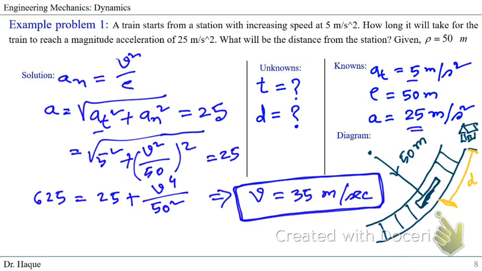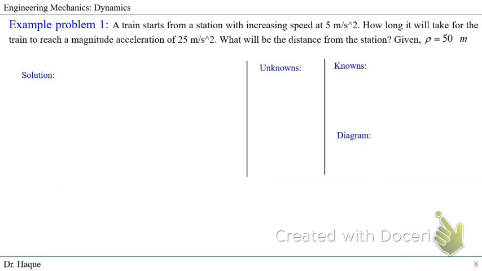Now let's work out what the time is. So now we can use the final velocity, which is 35. Our formula is v equals u, the initial velocity, plus acceleration multiplied by time. This is what we know by definition.